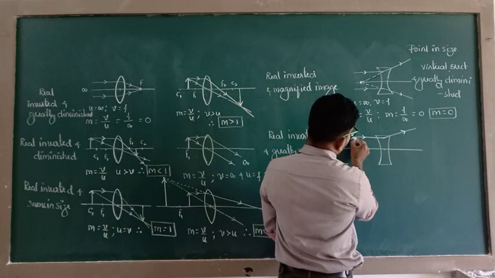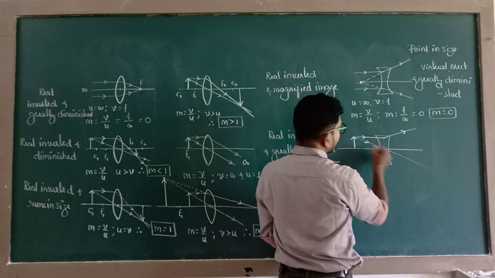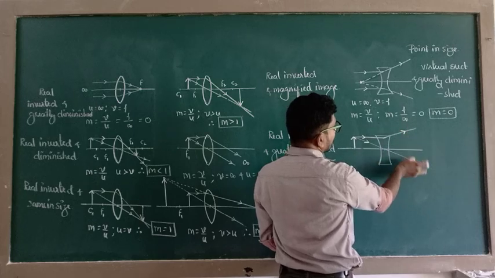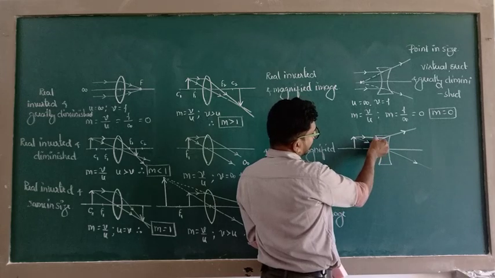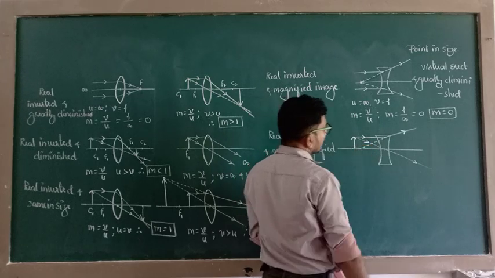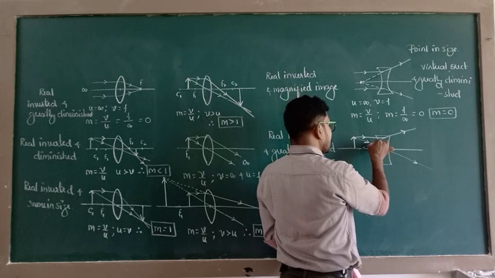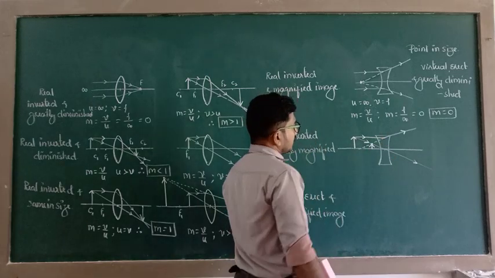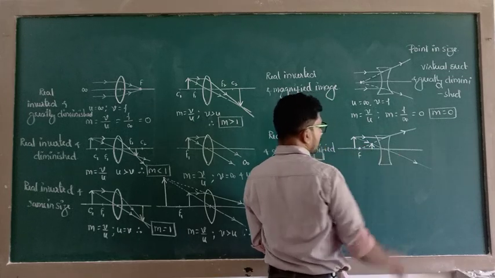Another light ray is made to pass through the optical center, then this light ray proceeds without any deviation. Again, these two light rays never meet with each other in forward direction. Therefore, I am going to proceed these two light rays in backward direction. Now these two light rays are going to intersect at this point. This point represents the position of the image, and this point is the principal focus. So this point is the optical center.